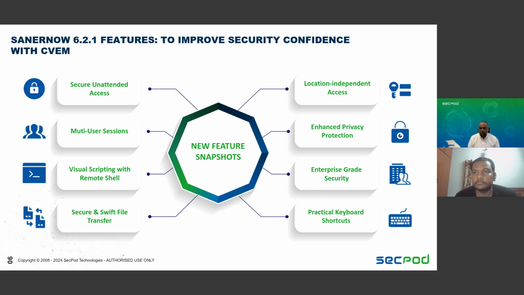What we mean by secure unattended access is, even though the user is not present and has locked the workstation, the administrator can still take remote access of that particular machine and log in through his credentials, which will provide a session based on the credentials he or she has provided, and then work on the things where the critical need was, and then logically close the session and come out. So you don't need a person to be logged in in certain situations. You can still take control of that.